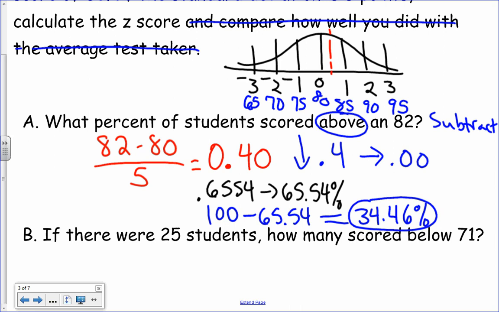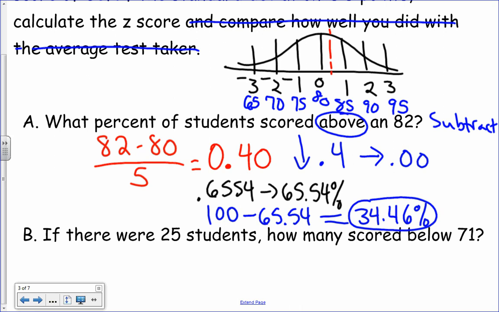All right, so 34% makes sense. 65% does not make sense because the average was 80 and 82 is above the average. The average is right in the middle. So if we go above the average, it's got to be less than 50, because the 50% cutoff is right here in the middle. You understand that? Okay. So since we're above the middle, we've got to have less than 50% of the people in this group.